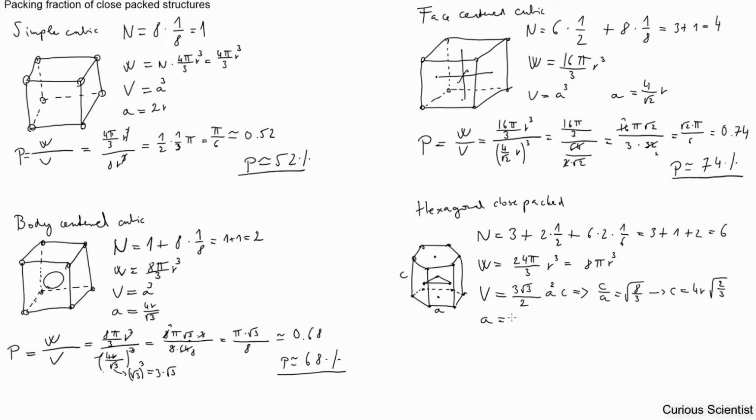And we also know that A is 2R. We have the 2 atoms sitting on the edge.